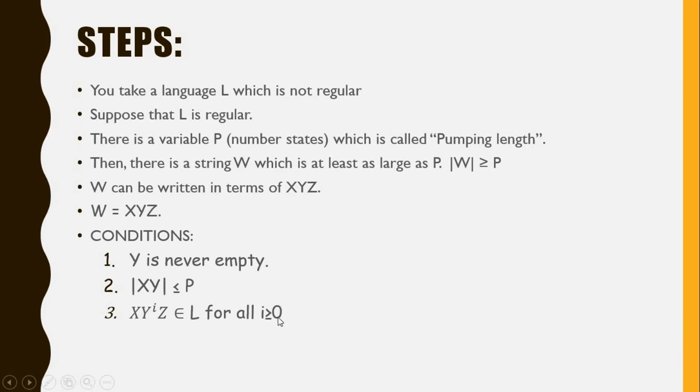Okay, and finally, once you apply the third condition, which I call the pumping condition, you always get a contradiction. You always get a contradiction when you apply the third condition. And you conclude that L is not regular by contradiction. And that's the last step.